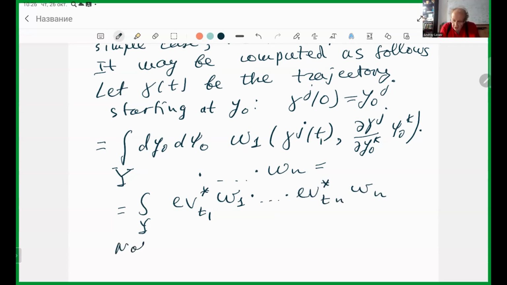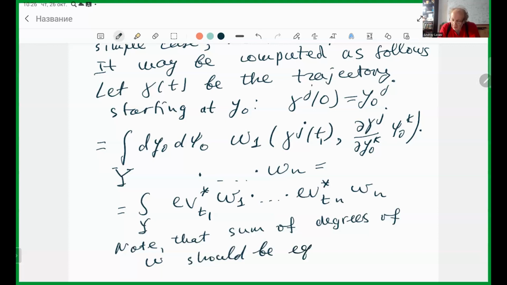Note that the sum of degrees of omega should be equal to the dimension of y.